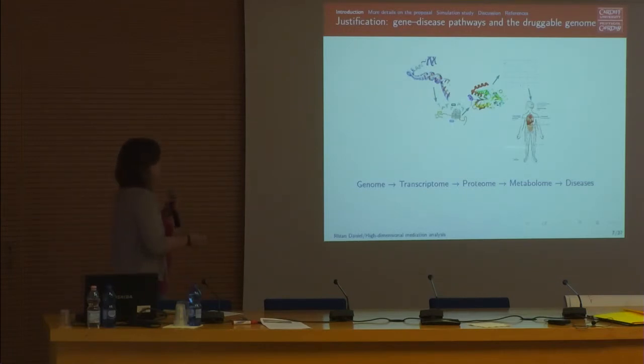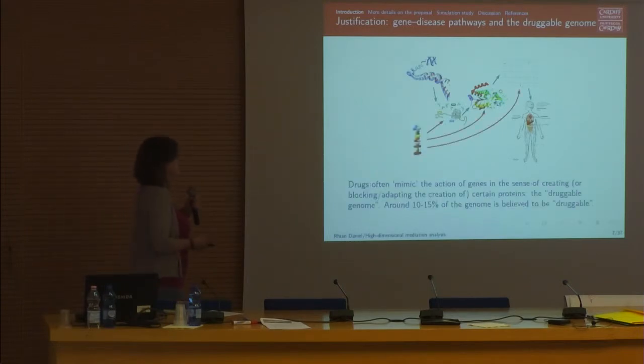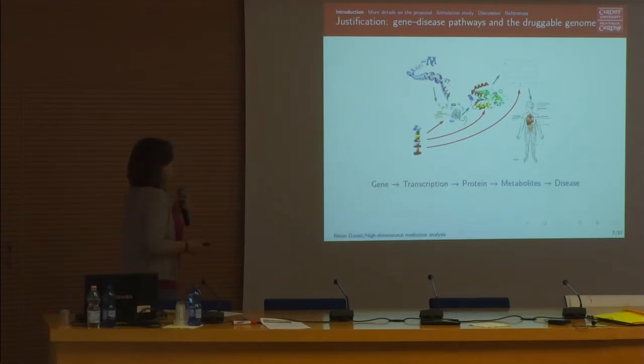But the fact that this chain is in some sense understood, or at least partially understood, helps in a certain sense. And one thing that is of interest is this concept of the druggable genome, the concept that at least some drugs work by mimicking or in effect cancelling out the effect of genes. So again, I'm not claiming to understand this very well, but what I understand from my colleagues is that you can think of some drugs as interfering in this chain in some way.